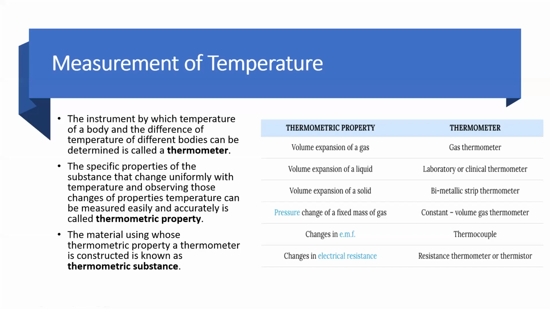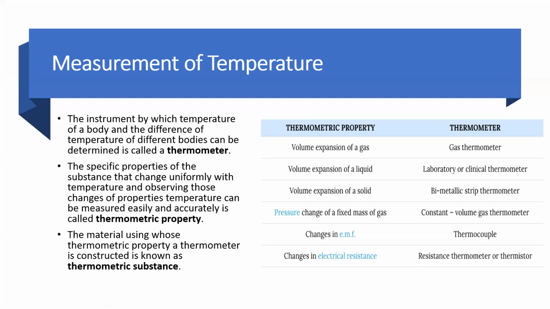So sometimes the volume of the gas will expand uniformly with temperature. So such properties like volume, and sometimes the resistance of certain materials, if you increase the temperature, the resistance increases. And sometimes the relation between temperature and resistance is such that we can use resistance as a property with which we can measure the temperature.